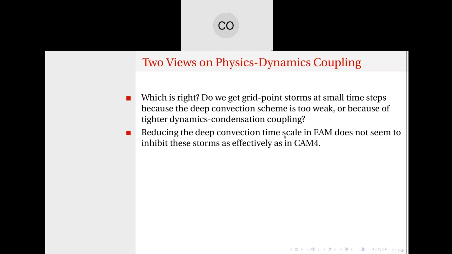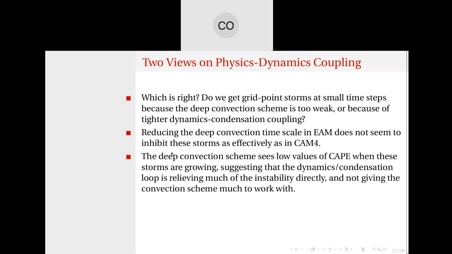One thing that we noticed is that reducing the deep convection time scale, the simplest way of boosting the deep convection scheme, doesn't really seem to inhibit these storms in the way that it does for CAM4 in the E3SM atmosphere model. We also see that the deep convection scheme is seeing pretty low values of convectively available potential energy when these storms are growing.